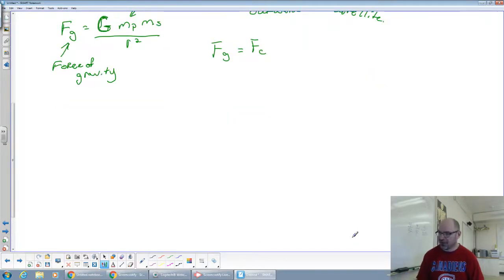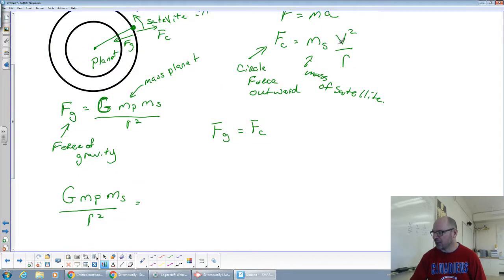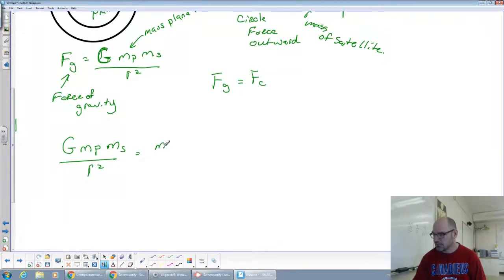If we take the force of gravity, G times mass of the planet times mass of the satellite, divided by r squared, that's going to equal the centripetal force, which was m_s v squared over r.